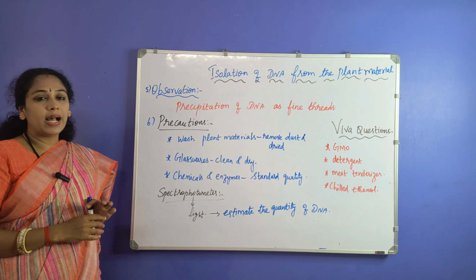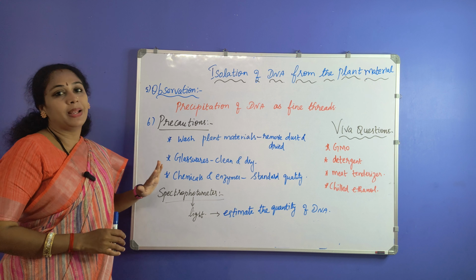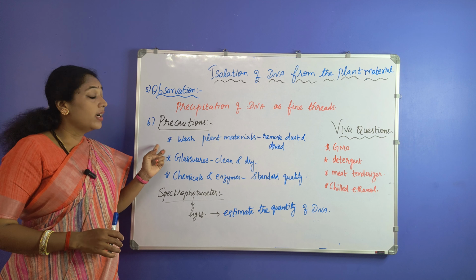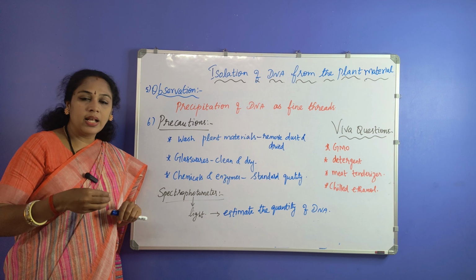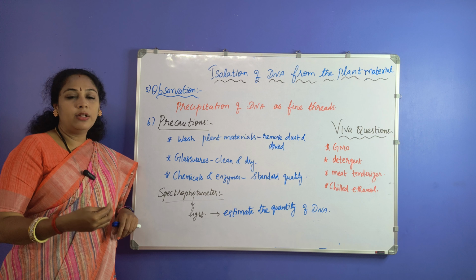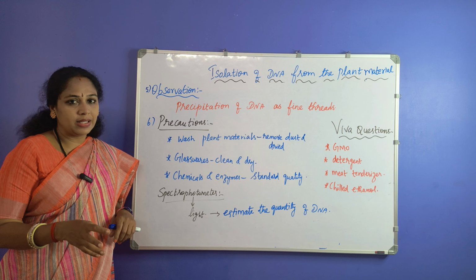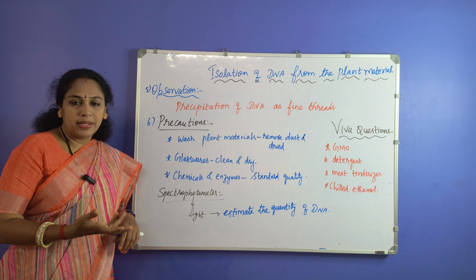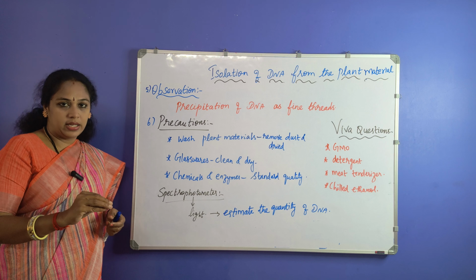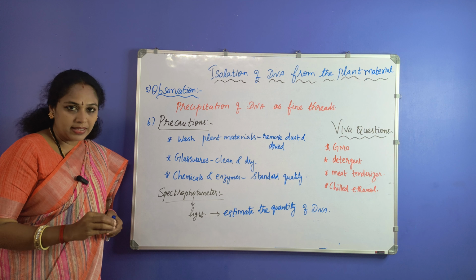Following that, what are the precautionary measures to be followed while doing this experiment? The first thing is that whatever plant material you take should be washed completely to remove any dust particle or any other particle present. After washing, you dry it and then weigh 5 gram of that plant material.